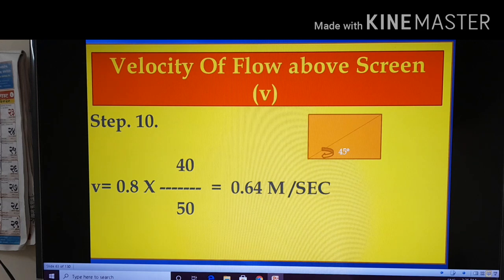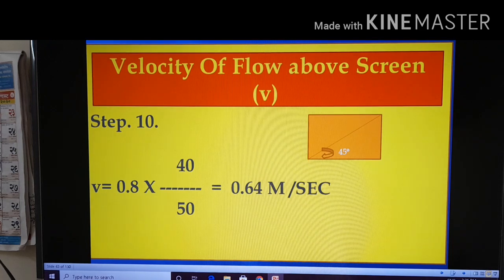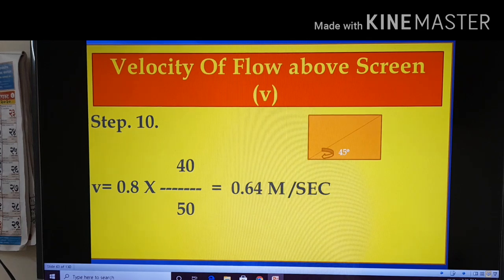Now it is b by h, that is 40 divided by 50. Therefore, small v is equal to 0.8 multiplied by 40 divided by 50, which gives the answer, that is velocity of flow above the screen is equal to 0.64 meter per second.